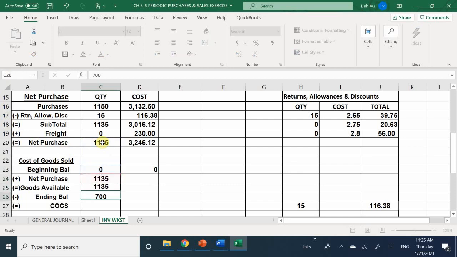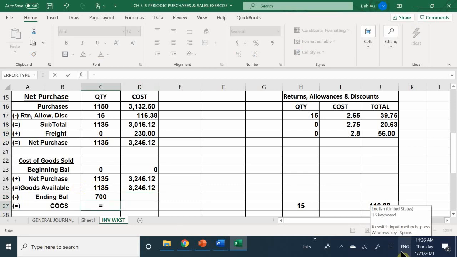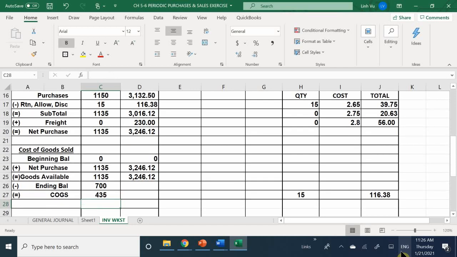Because we don't have beginning inventory, our net purchases is going to be our total goods available. Now let's go ahead and solve this. If I originally started with 1135 and I only have 700, how many items did I sell? 435. You've sold a total of 435.